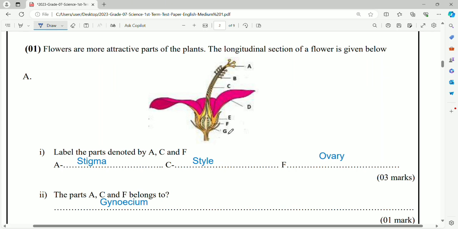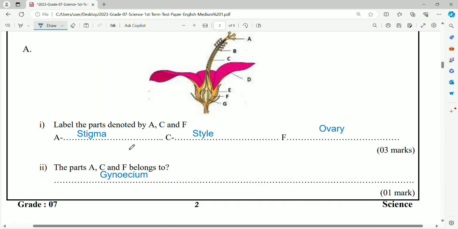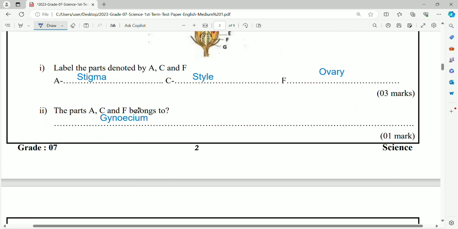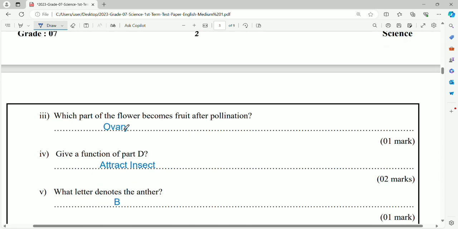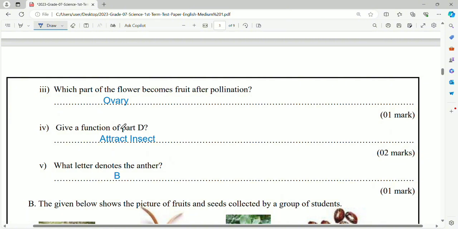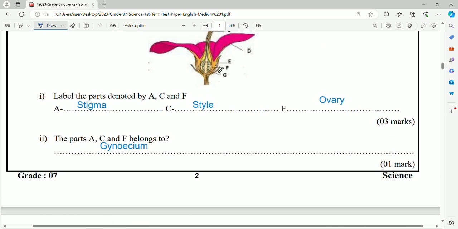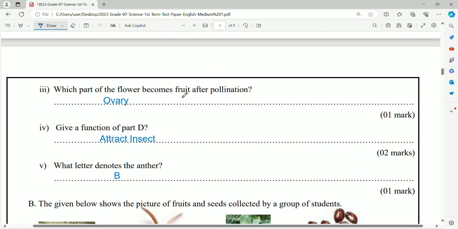So F is the ovary, C is the style. Parts A, C, and F belong to the female part of the flower. The female part of the flower is known as the gynoecium. Then, which part of the flower becomes a fruit after pollination? After pollination, the ovary becomes a fruit.